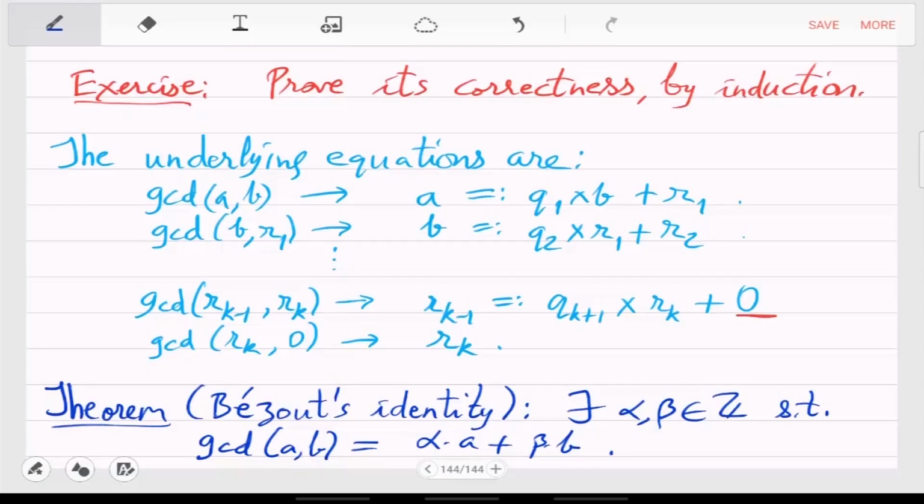Now suppose the algorithm has 2 steps, output will be R2. So you use R1's combination and substitute it in the second equation. Right? That will give you a combination of A and B is R2, right? And so on. So this is also a proof by induction on the steps, division steps.